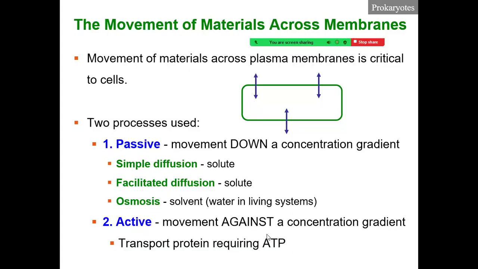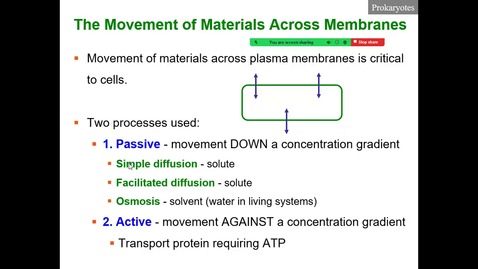And what the ATP is doing is giving the energy the transport protein needs to pump the molecule against its concentration gradient. Any question about the active process of moving a molecule into the cell?